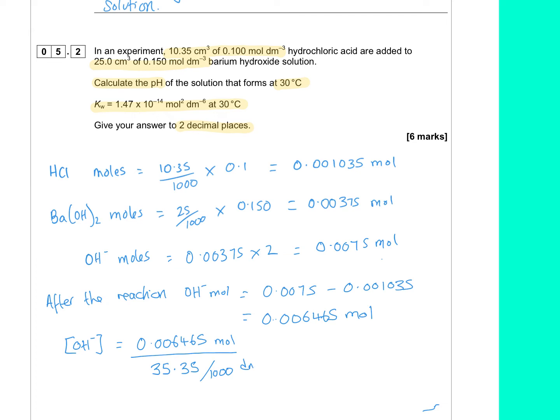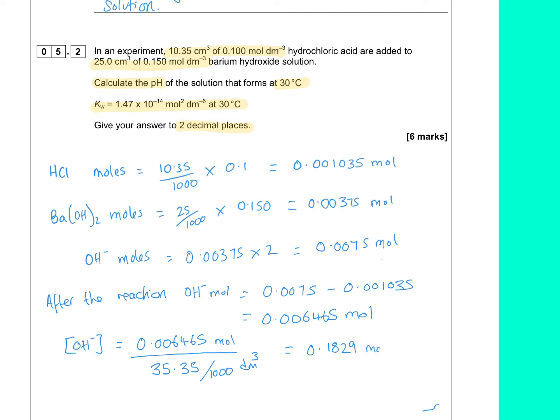So we get a hydroxide ion concentration of 0.182.